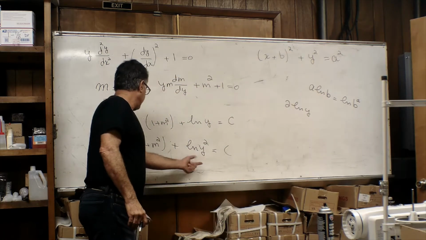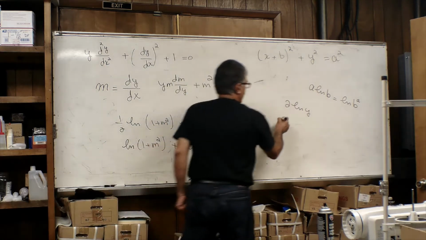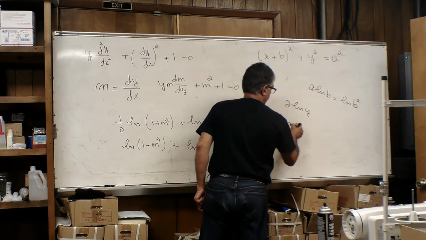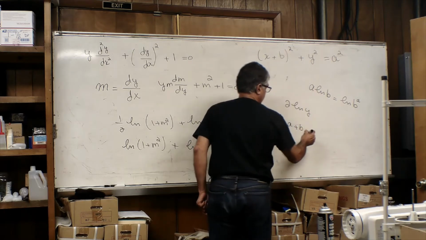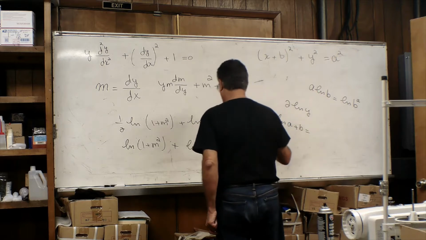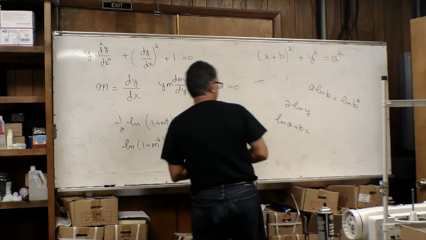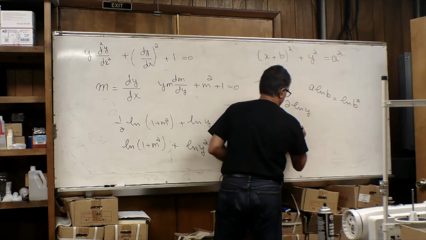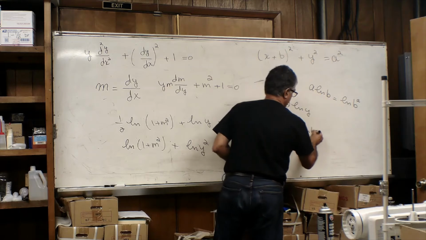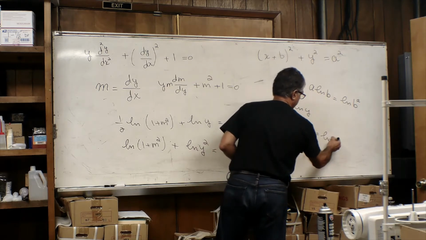And we also know natural log of a plus natural log of b is equal to natural log of ab.